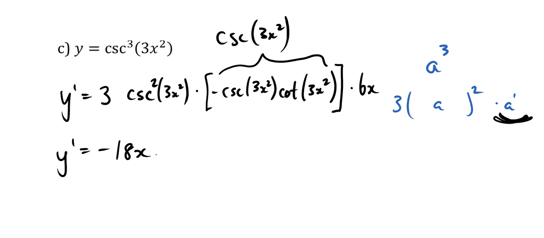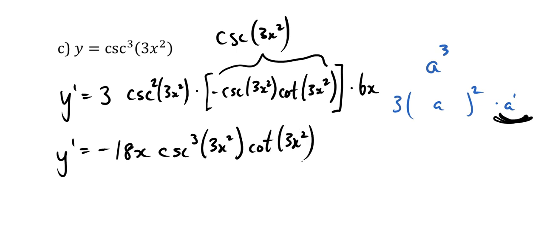This would be for that last half mark on a question, noticing. Yeah, you can, can't you? It's cosecant squared and cosecant of the same angle. So this ends up being cosecant cubed of 3x squared times cotangent of 3x squared.